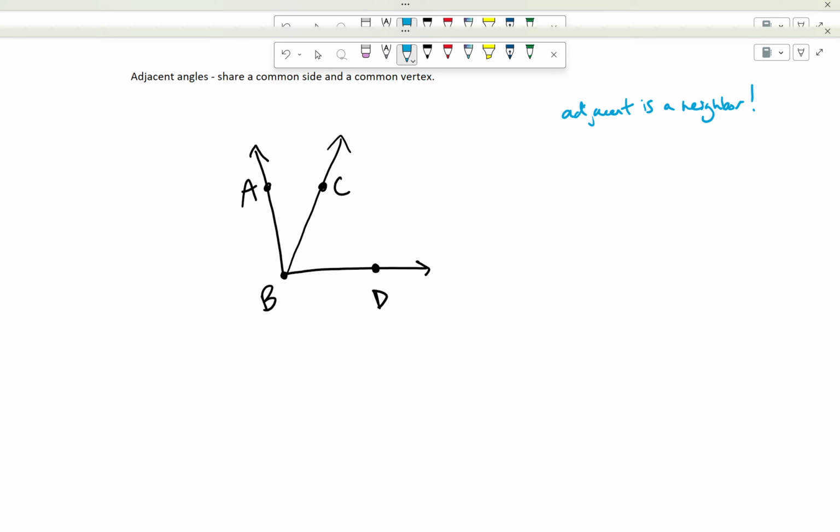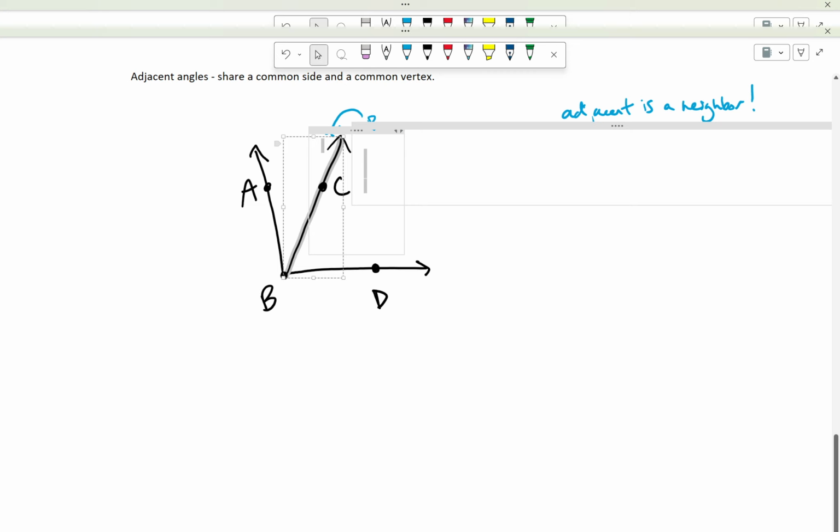So back on topic here, BC would be like that shared wall or fence for these two neighbors. So this ray, BC, is the shared side.